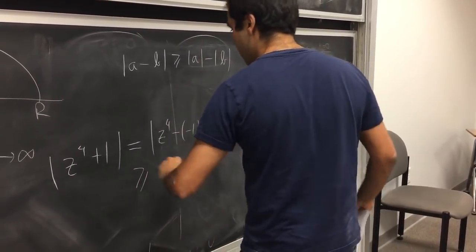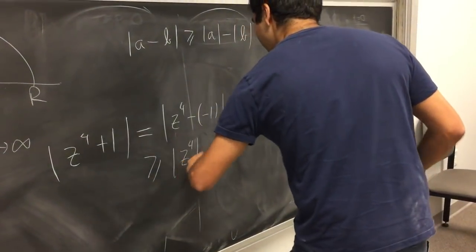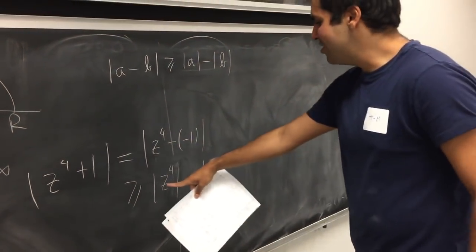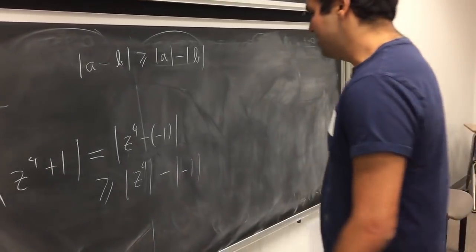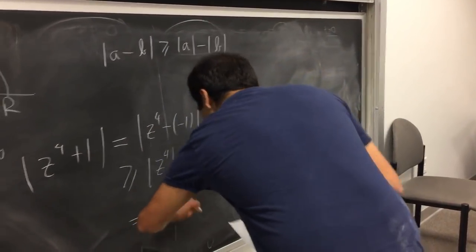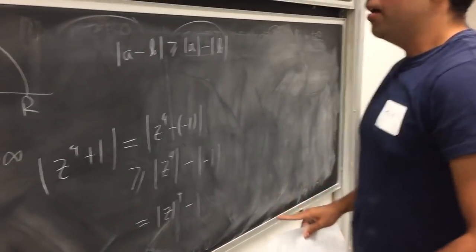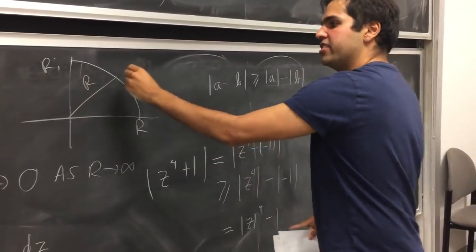So in other words, if we apply this, we get that the absolute value of z to the 4th plus 1 is greater than or equal to the absolute value of z to the 4th minus the absolute value of minus 1. So that's the absolute value of z to the 4th minus 1. But remember, we are on this semicircle of radius r.